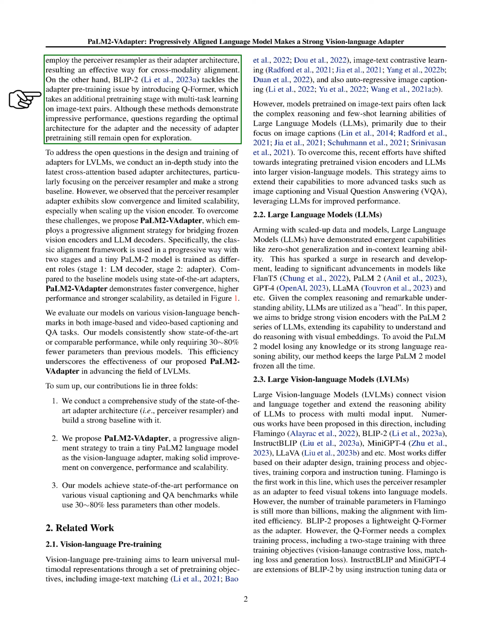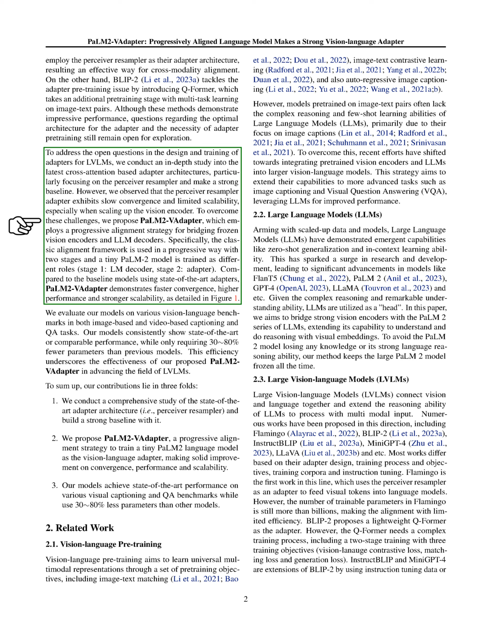However, we noticed that the perceiver resampler adapter faces issues with slow convergence and limited scalability, particularly when increasing the size of the vision encoder. To address these challenges, we introduce PaLM2-VAdapter, which utilizes a progressive alignment strategy to connect unchanged vision encoders and LLM decoders.